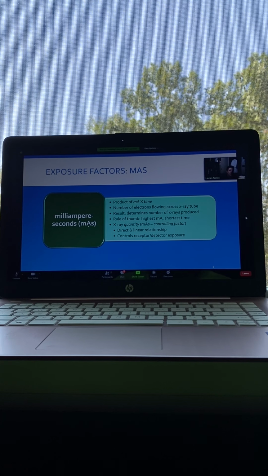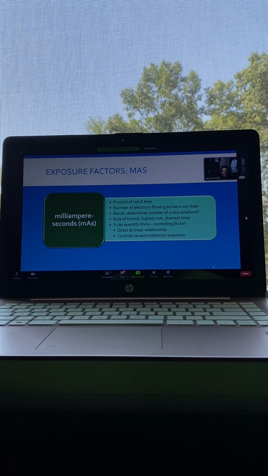This is our milliamperage seconds, and that is the total number of electrons that are flowing across that X-ray tube. So that's our tube current. That mAs determines that tube current, and that ultimately determines the number of X-rays that will come out of that tube, what gets produced.